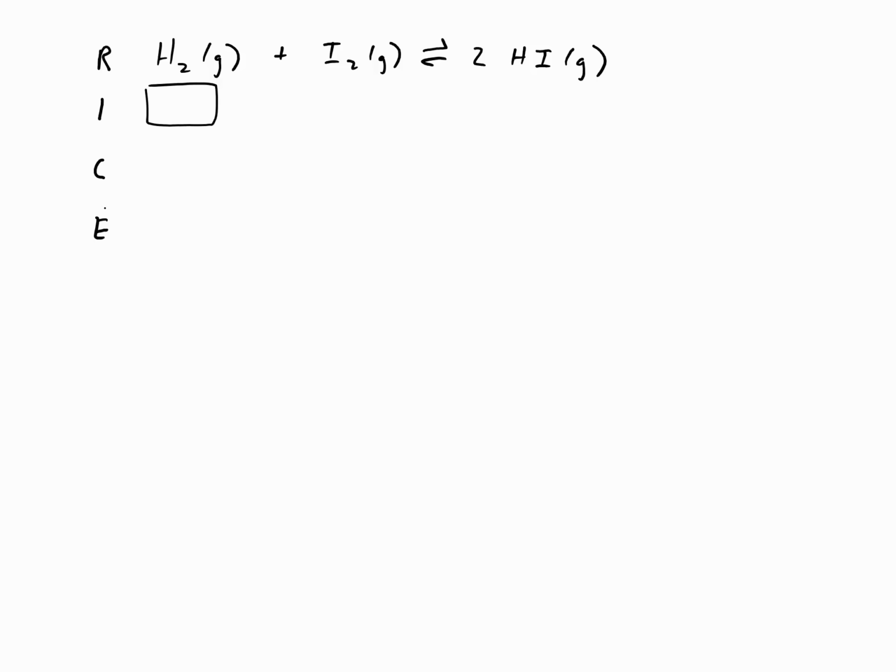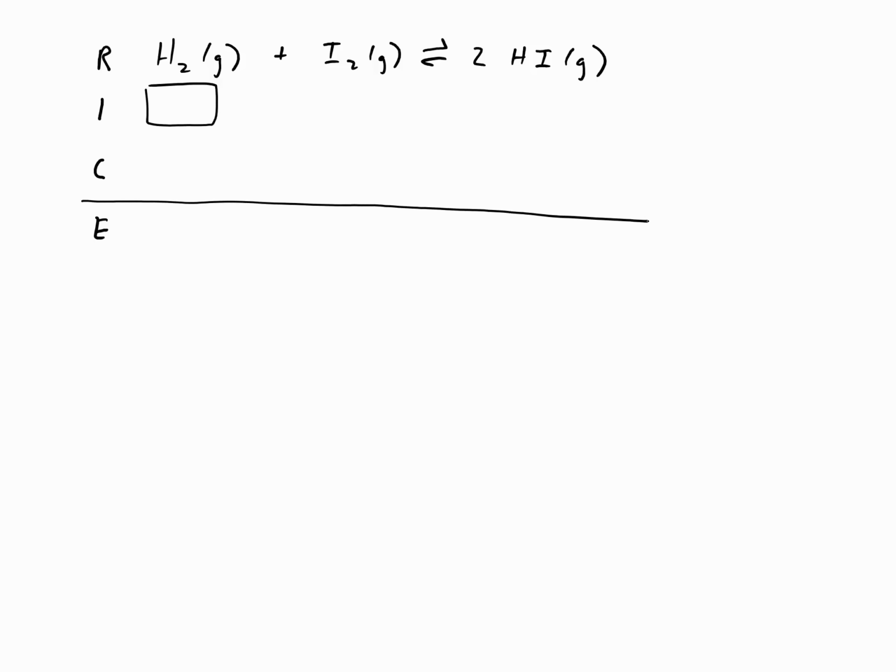So here's our reaction. It was H2 plus I2 makes 2HI. And so there's my reaction, initial, change, equilibrium. So again, think of all these things as boxes.